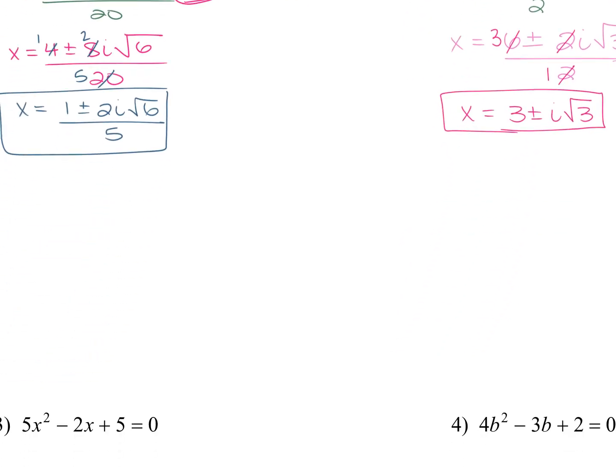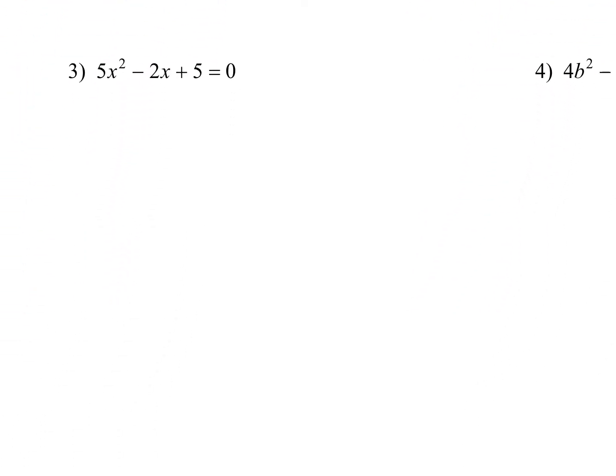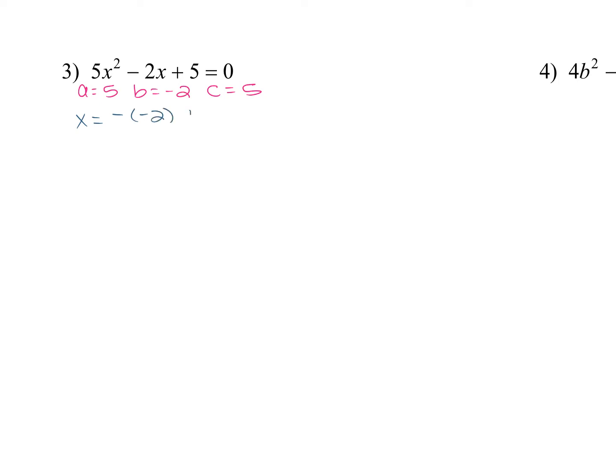For number 3, we're given 5x squared minus 2x plus 5 is equal to 0. Your a is 5, b is -2, c is 5. So this is going to give us x is equal to the opposite of -2 plus or minus the square root of -2 squared minus 4 times 5 times 5, all over 2 times 5.